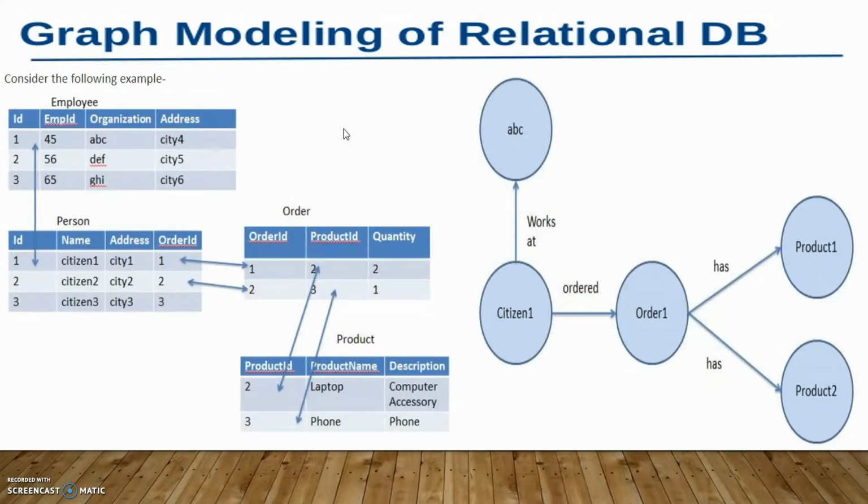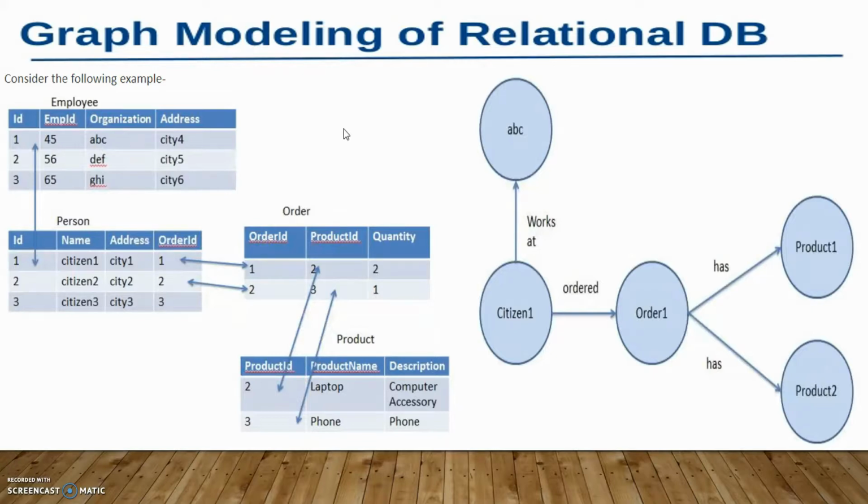If I compare the graph database with a traditional relational database, then we will find that in an RDBMS, or relational database, we are storing our data in the form of tables and columns. Here you will see the employee table, the person table, the order table and a product table.